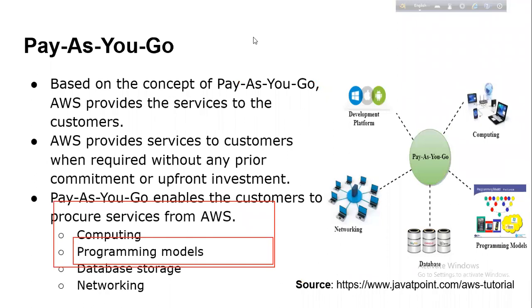So here, one model they adopt is pay as you go, which is based on the concept of pay as you go. AWS provides services to customers when required without any prior commitment or upfront investment.